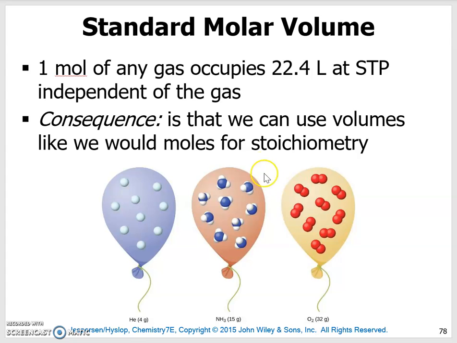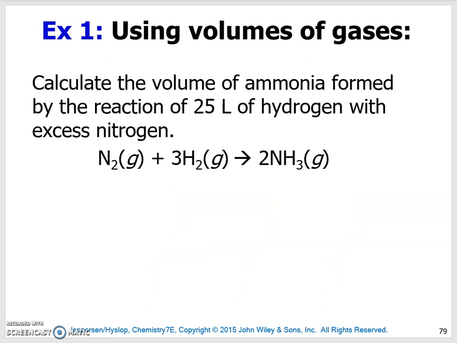Alright, so let's go on to a couple examples using volumes in place of moles for stoichiometry. If we have 25 liters of hydrogen react with excess nitrogen, how much ammonia would be produced?